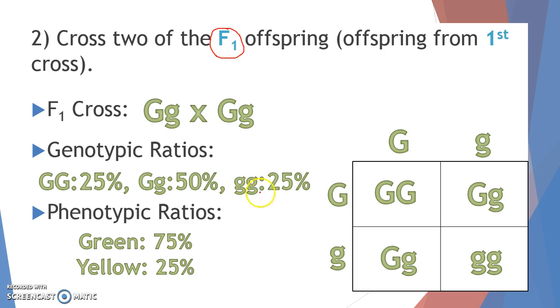And the last one, which is homozygous recessive, for yellow seeded plants, will have 25% of their offspring being yellow. So basically the second generation of offspring, the F2, would be 75% green, 25% yellow.